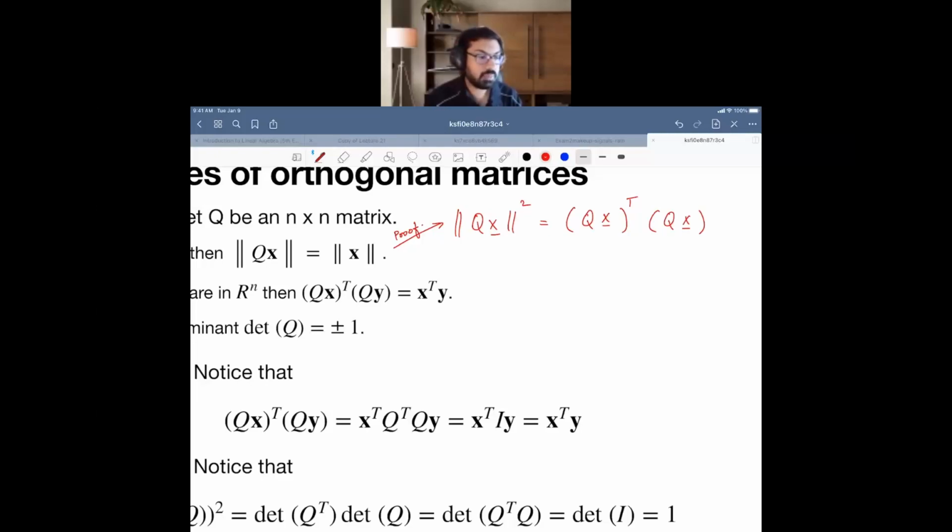The square of the norm is A transpose A. So in this case, A is Qx. So Qx transpose times Qx. Now, what do we know about the property of transpose? You reverse the order, right? So when you reverse the order, you get x transpose multiplied by Q transpose multiplied by Qx, which remains as is. Now, what do we know about Q transpose Q? Well, Q transpose is the same as Q inverse because it's orthogonal. So this will simplify down to x transpose x, which is simply the norm of x squared.